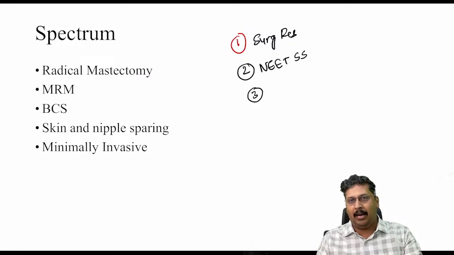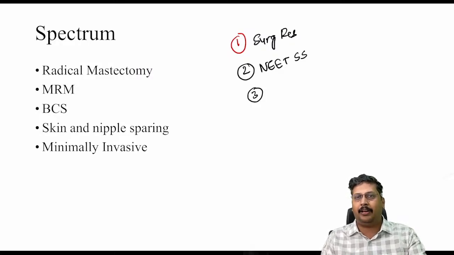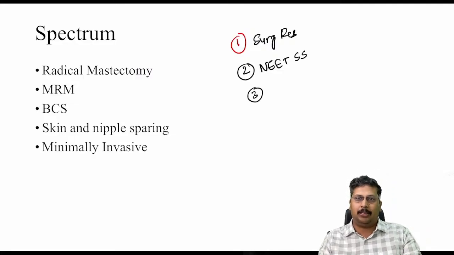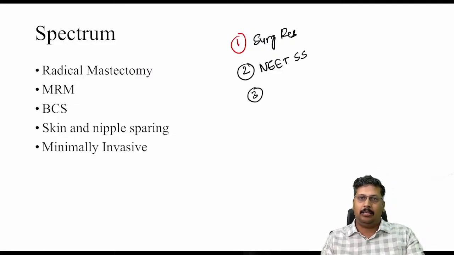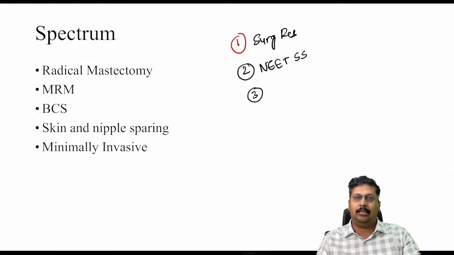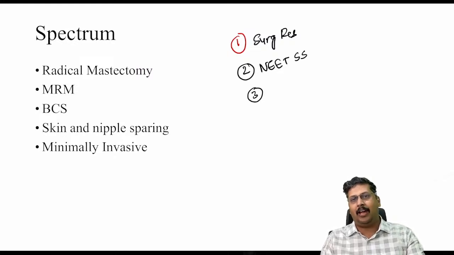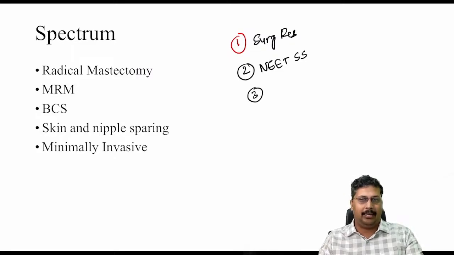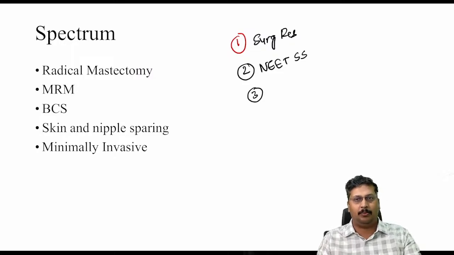In the next part, we will deal with all the different types of mastectomies, because if you see the spectrum of mastectomy, we all know that mastectomy started with radical mastectomy of Halsted. At the present time, whenever you speak about radical mastectomy, we are dealing with carcinoma breast. As the carcinoma breast treatment has evolved, even the surgery for the carcinoma breast has evolved.